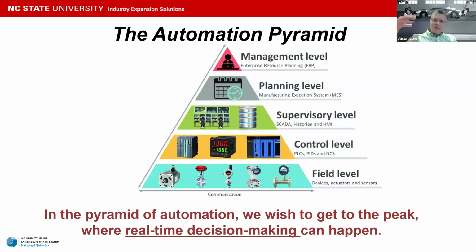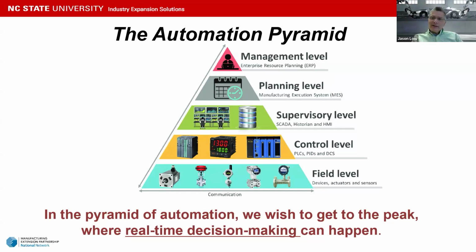And then we go into control, and then supervisory, and then ultimately we get to the highest point of that pyramid, the apex, where we're talking about MES systems, management level systems that we rely on to make decisions for our businesses. All right, so that's where that decision making happens.